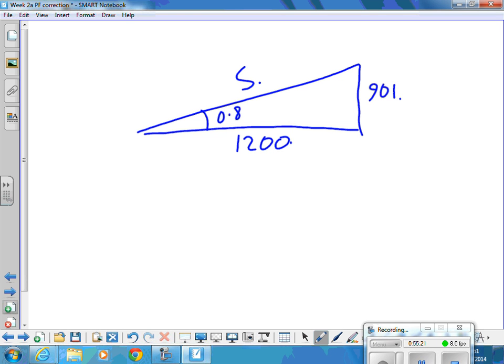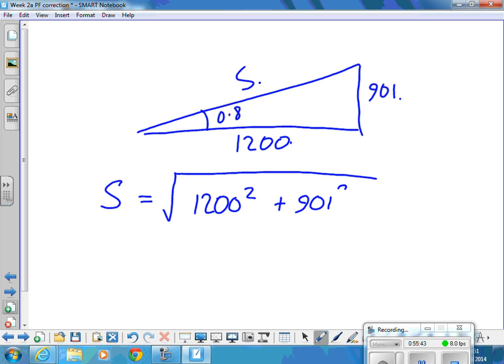If we find S, we can find out the current, can't we? Because we can just divide by the voltage and get the current. So how do I find S here? It's the square root of 1200 squared plus 901 squared, which is 1500 VA.